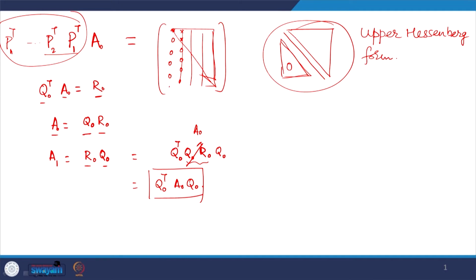So, we convert the matrix, instead of converting into upper triangular straight away using Householder transformation, we just use it for converting it to upper Hessenberg form. Now, why do we do this? We do this because not all eigenvalues are guaranteed to be real in general case.